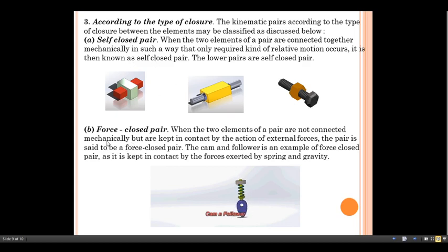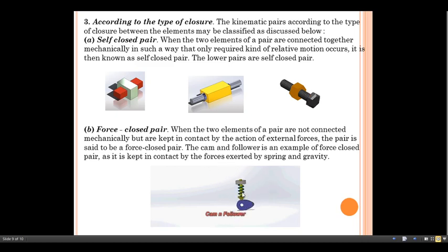What about the next one? Force closed pair. When the two elements of a pair are not connected mechanically but are kept in contact by the action of external forces, the pair is said to be a force closed pair. This is the example related to the force closed pair.